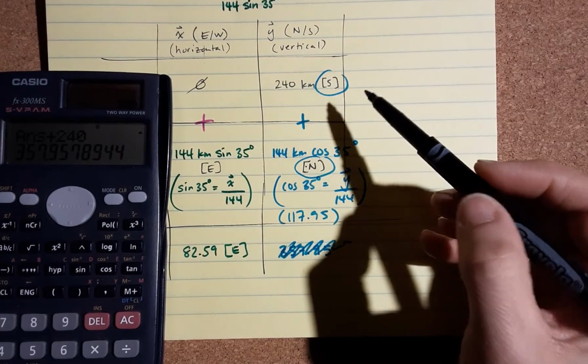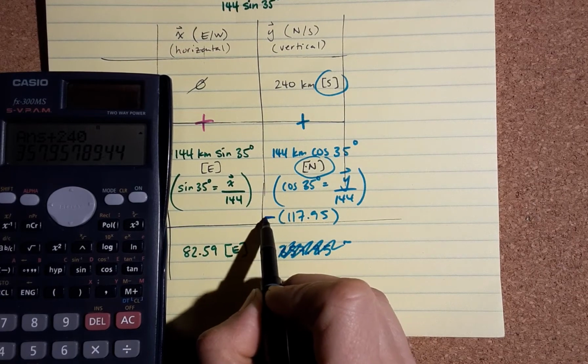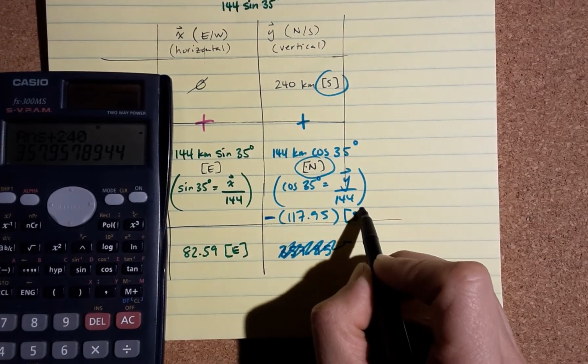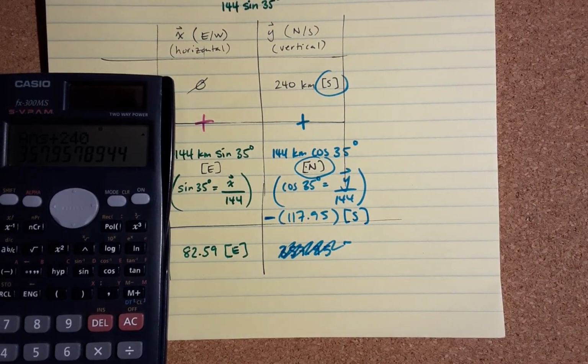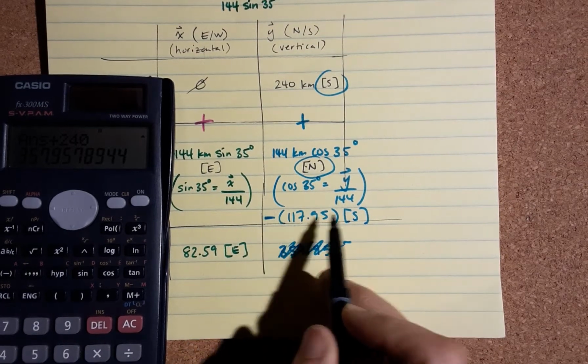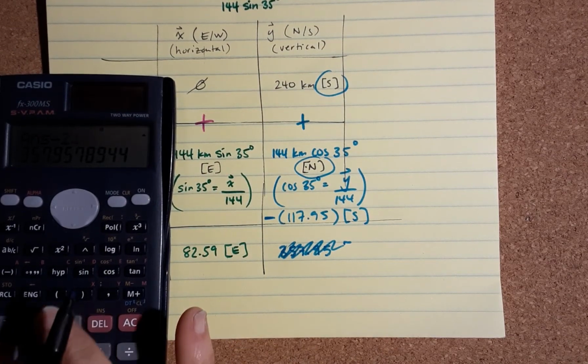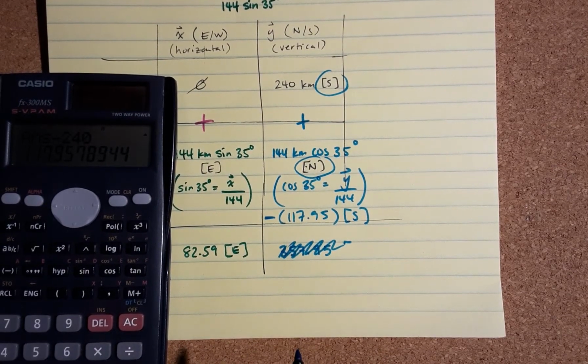Okay, so let's think ahead here. 240, 117. Okay, this is going to be negative south because to be able to do the math, I need to have the directions be the same. So I'm going to throw a negative south out there. And so I'm going to subtract 240 from that. That's why I have the 117. Okay.